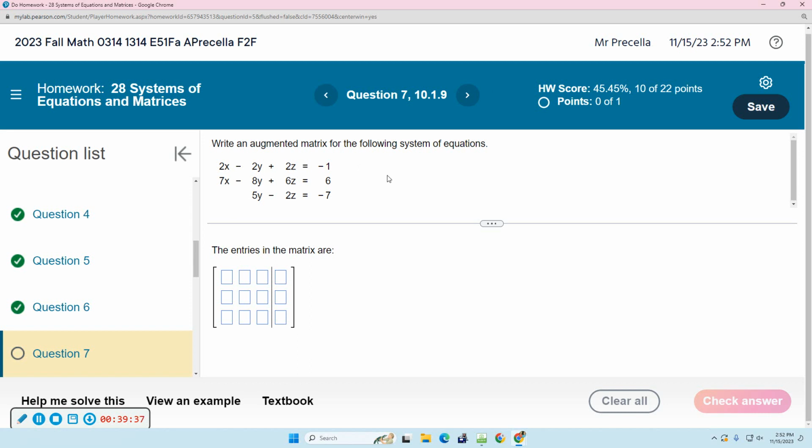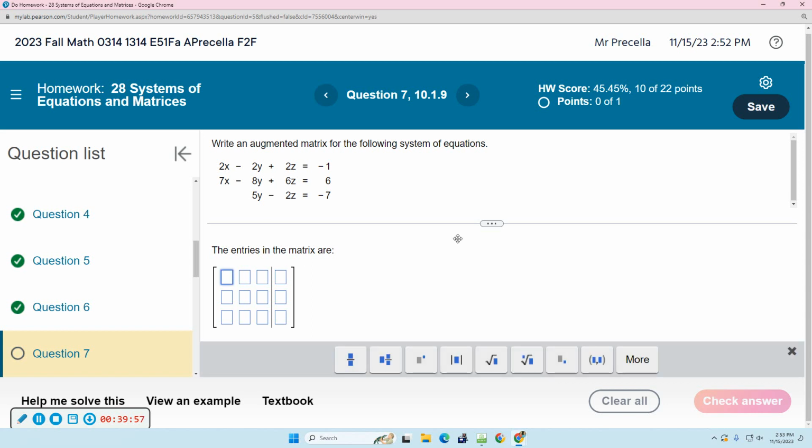Oh, here's another one. Are all the variables lined up? Yeah. You have an X column, a Y column, a Z column. All the equals are lined up. And on the right, you have the constants. So let's fill in the X column.